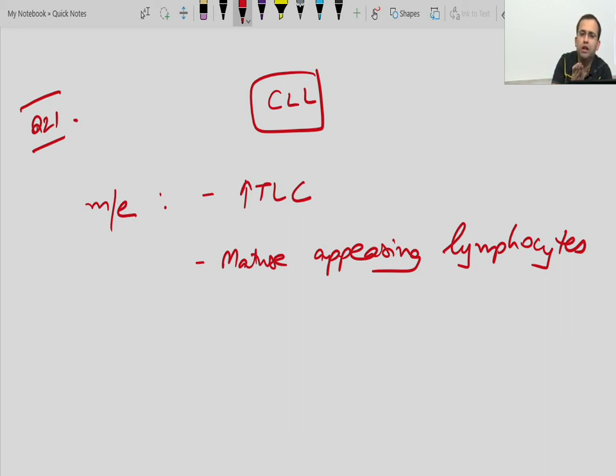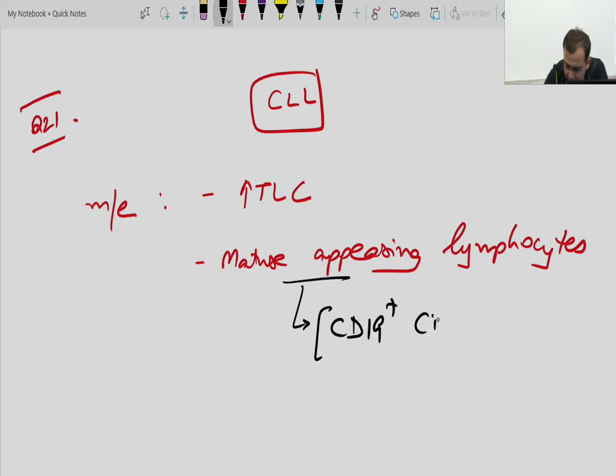How will I know that they are normal or abnormal? These mature appearing lymphocytes are CD19 positive, CD5 positive, CD23 positive. Extremely important. This is the classical triad of CLL: 19 positive, 5 positive, 23 positive.